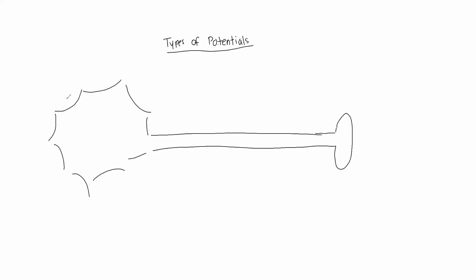So up here is our soma, sometimes called the cell body. This is our axon. And then this is the axon terminal.